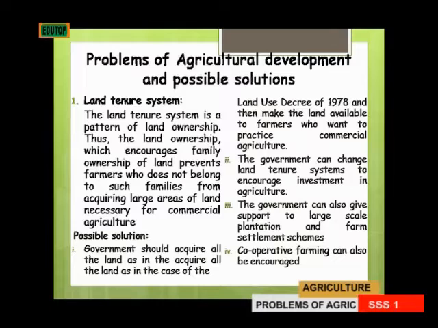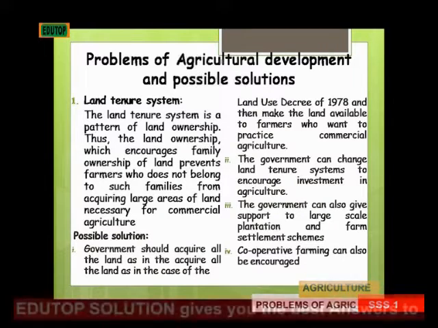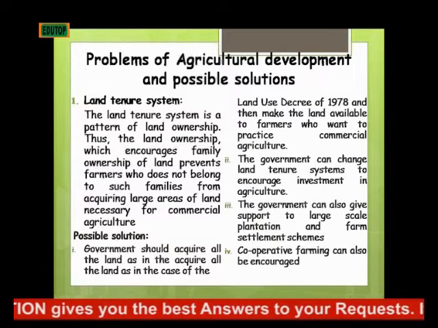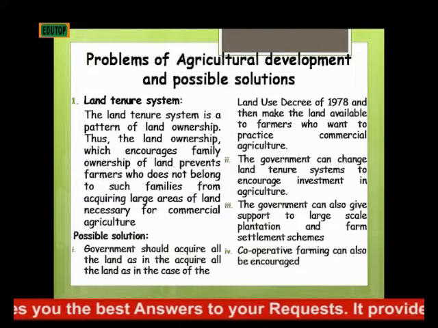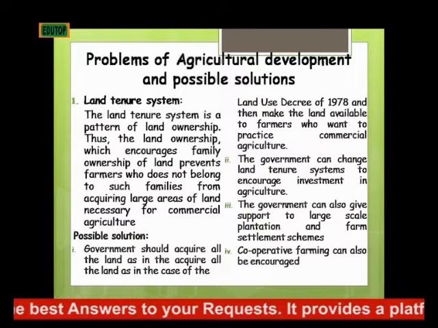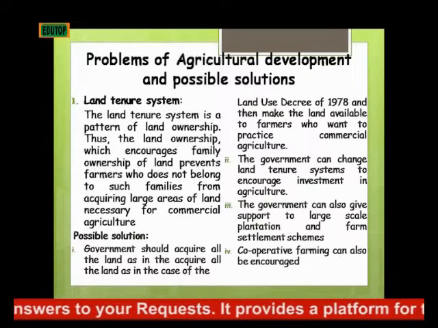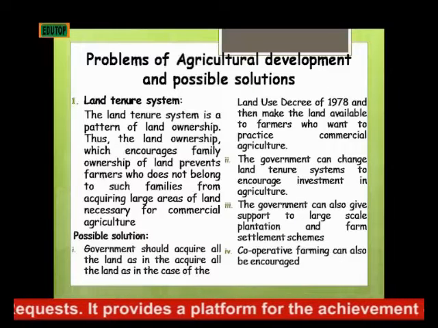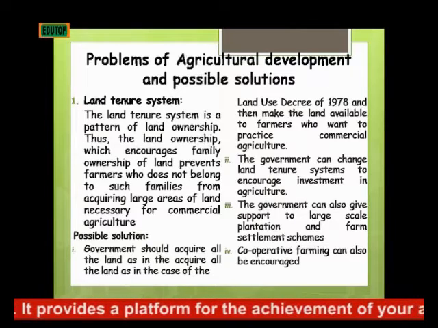Then number 3 is the government can also give support to large-scale plantation and farm settlement scheme. That is, when government acquires a big piece of land and then they partition it, provide houses for farmers, I'm talking about provision of farm settlements.